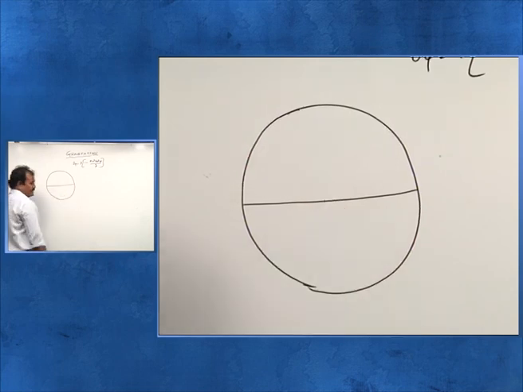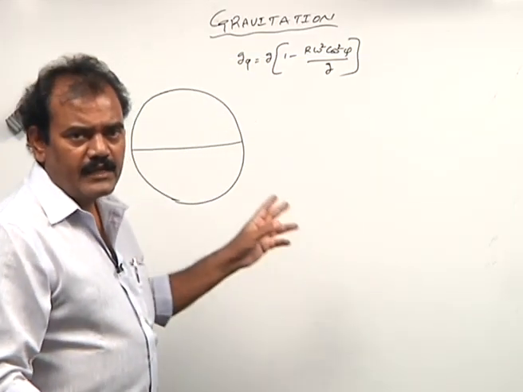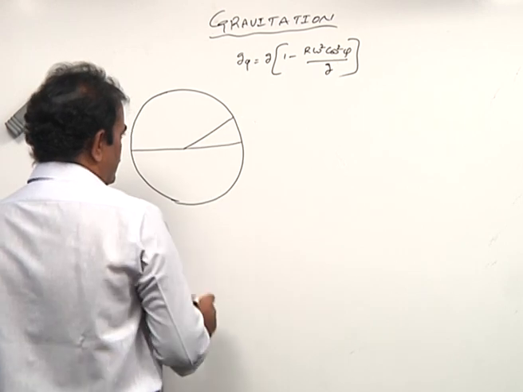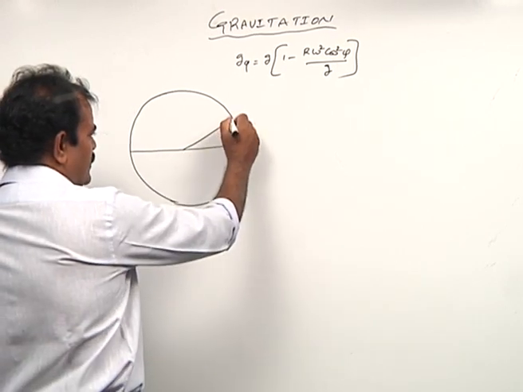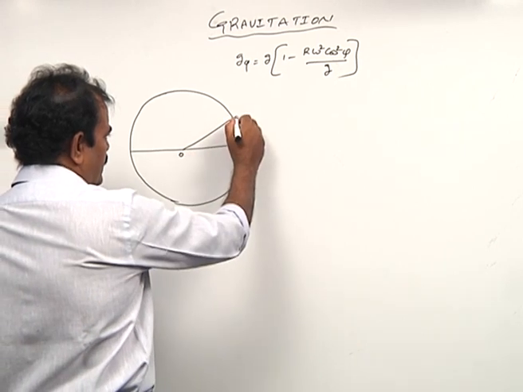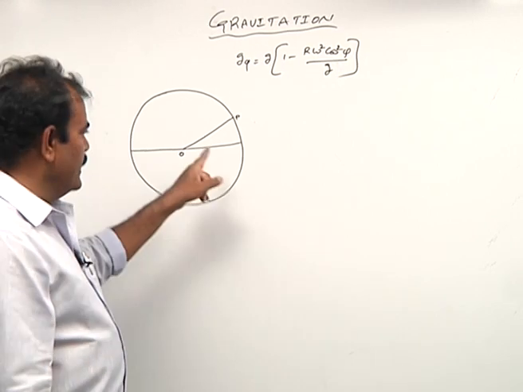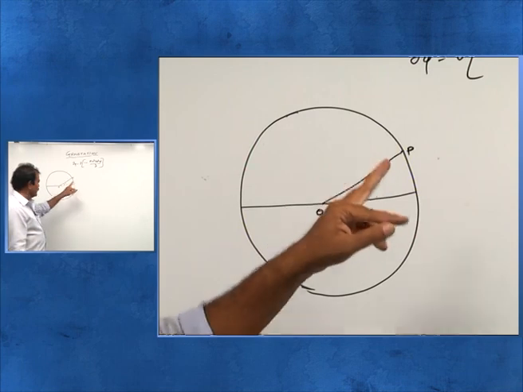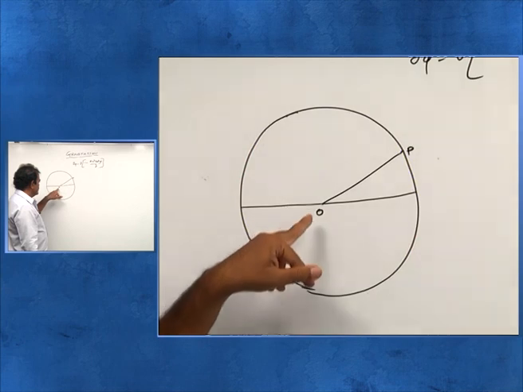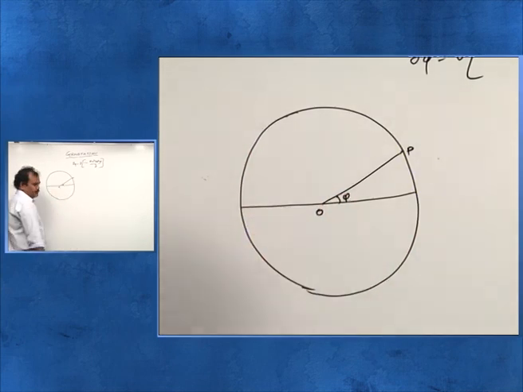Latitude is defined as the angle made by the straight line joining the particle and the center of earth with the equator. That is known to be the latitude.